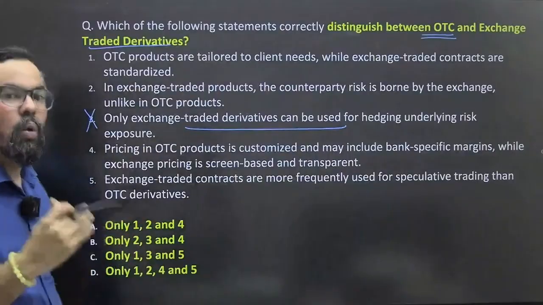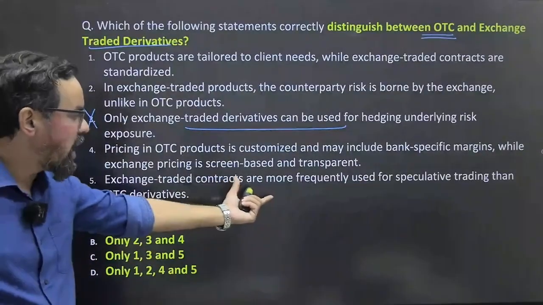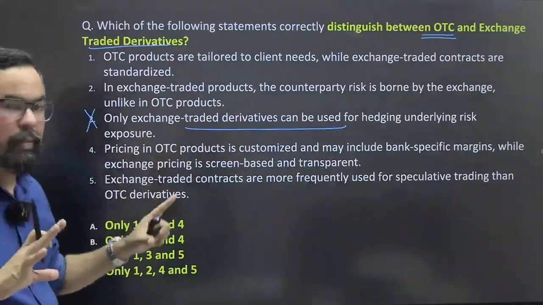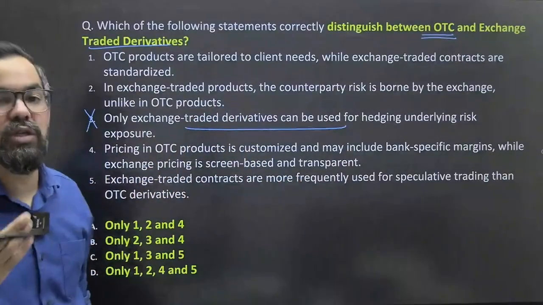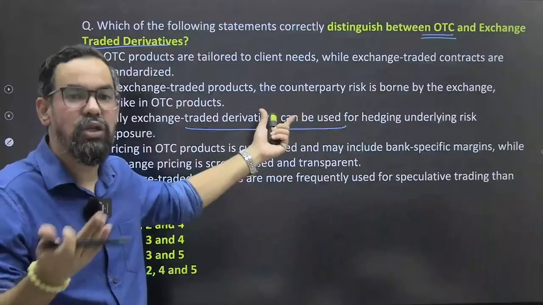No. OTC, see, this is the line up. Exchange traded contracts are more frequently used for speculation, but we can use both. Let's say if you have some open position in equities, you can use exchange traded derivatives like futures and options to hedge.